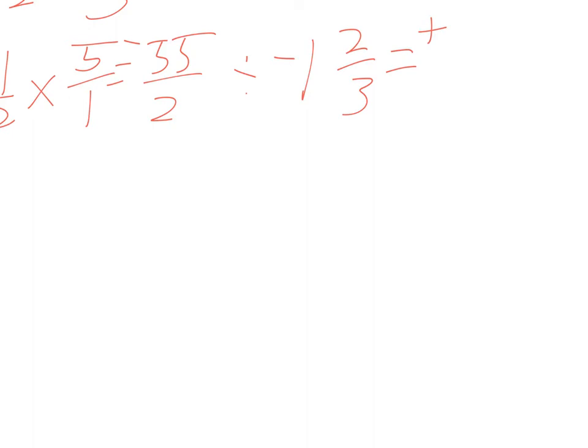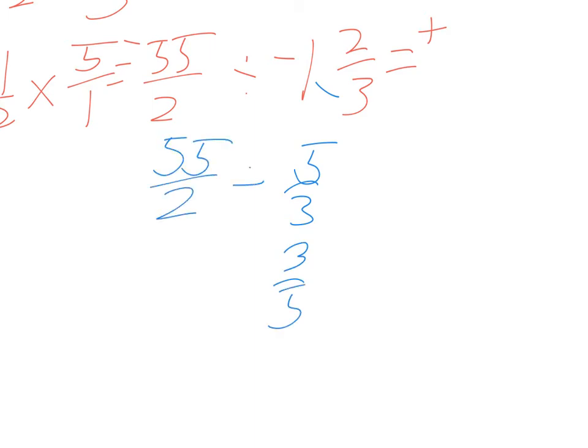So I come down here, let's change colors. 1 times 3 is 3, plus 2 is 5/3. I'm going to end up flipping that to 3/5. 55/2 divided by 5/3, so 55/2 times 3/5.